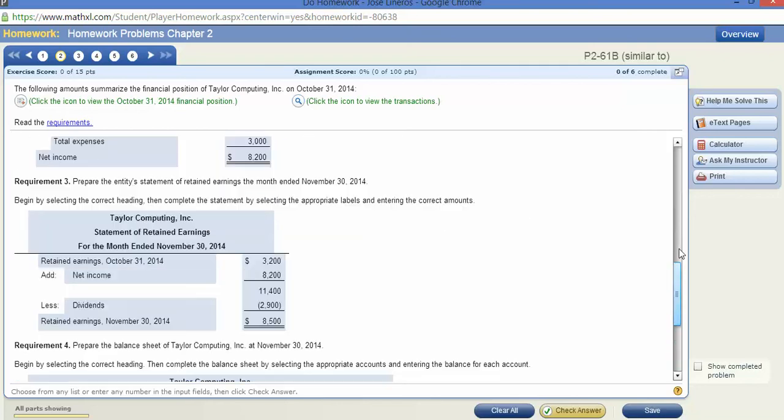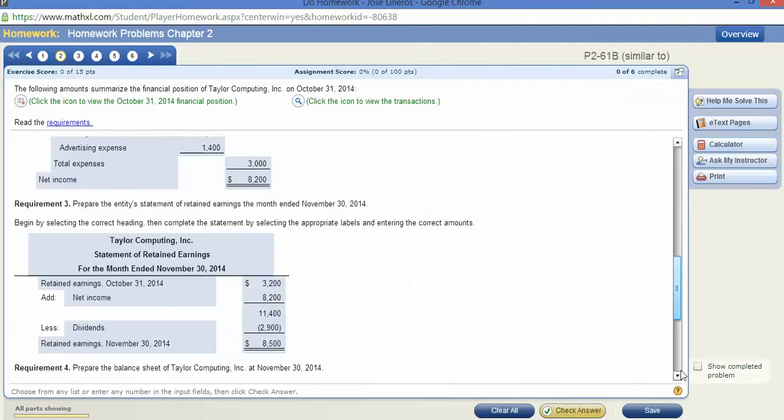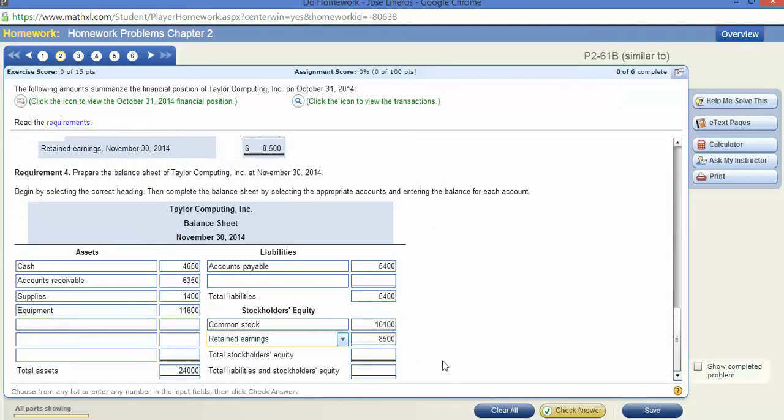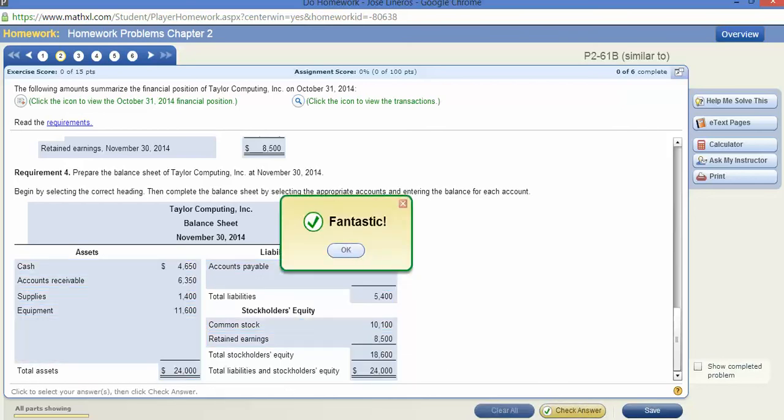Again, what I've done is just taken it straight off our accounting equation at the top. So that gives us a total stockholders' equity of 10,100 plus 8,500. That's 18,600. 18,600 plus 5,400 gives us 24,000. And that's our balance sheet.